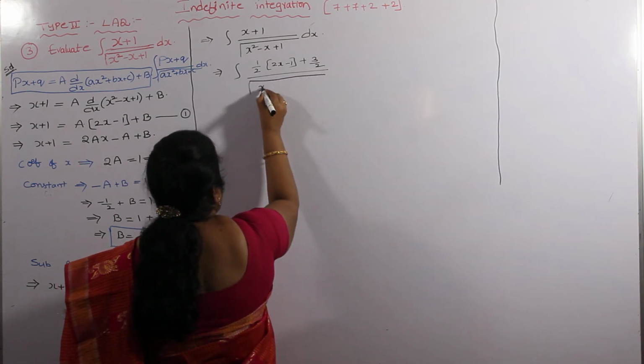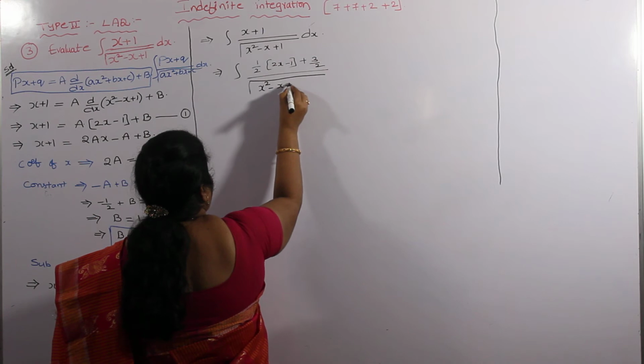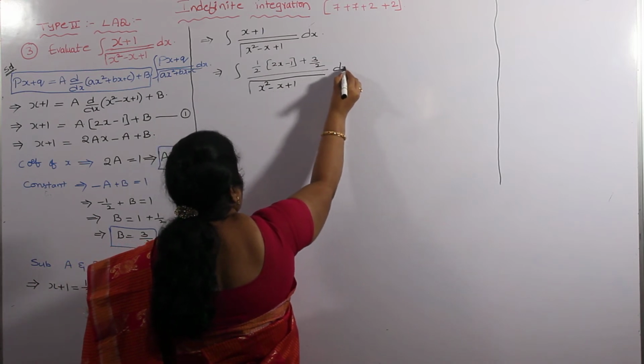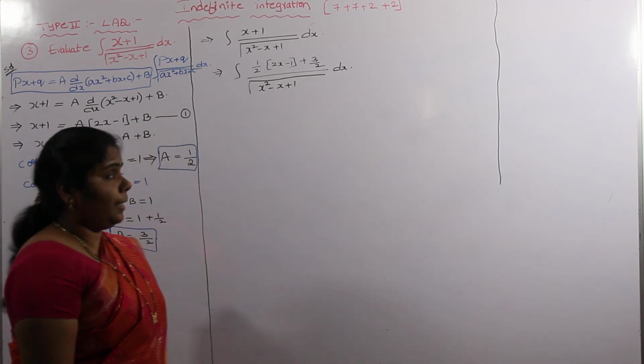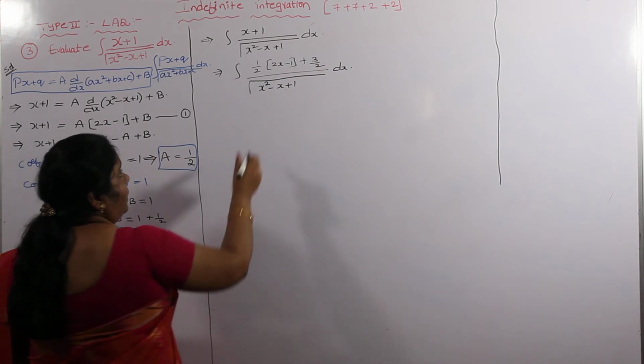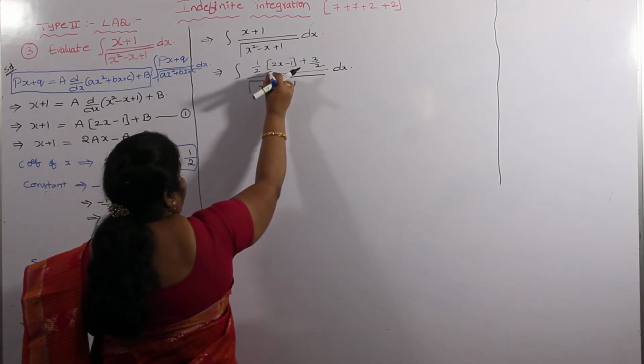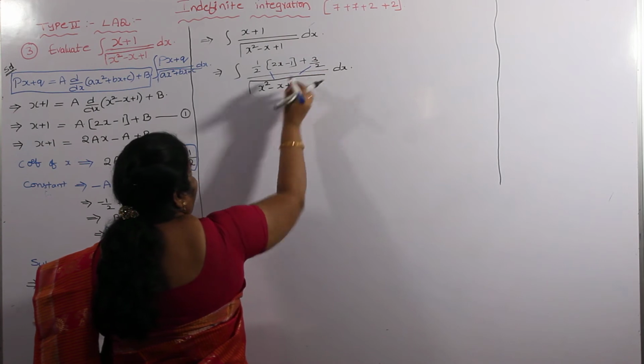The denominator, take it as it is. We have x square minus x plus 1 whole dx. This is taken directly. That implies now take the splitting, that means this divided by this divided by this.